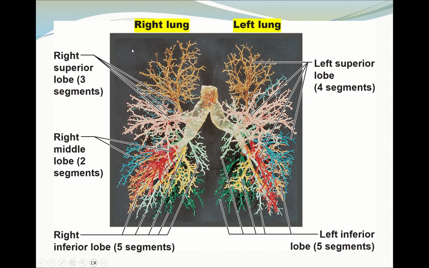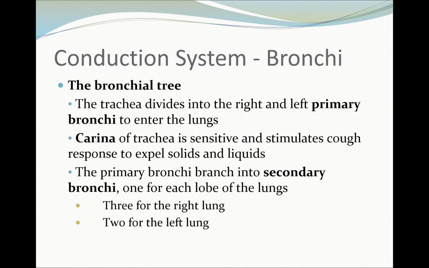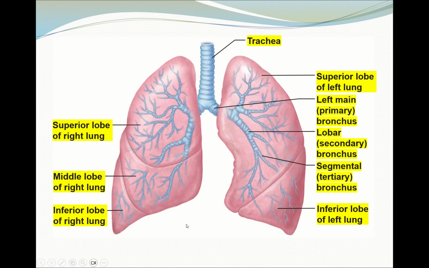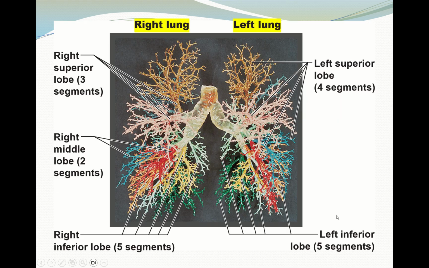And we learned that the right lung has three segments, or three lobes, if you would. We can go back here, three lobes. And then the left lung has two. And you may have already guessed it's because of the notch for our heart. Our heart sits towards the left lung in the majority of individuals.